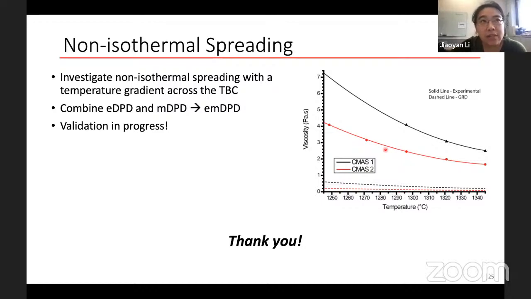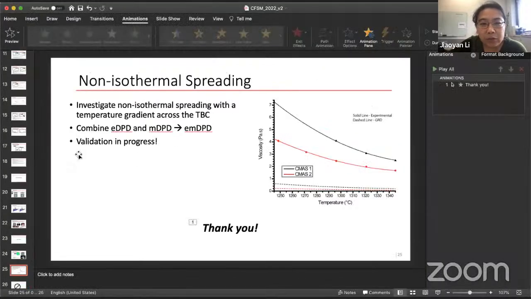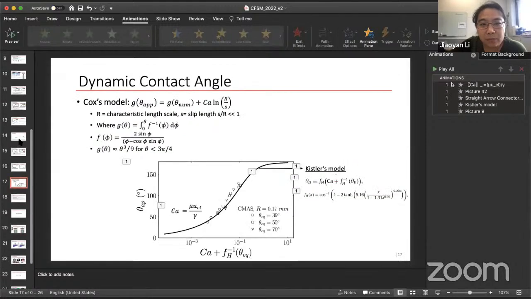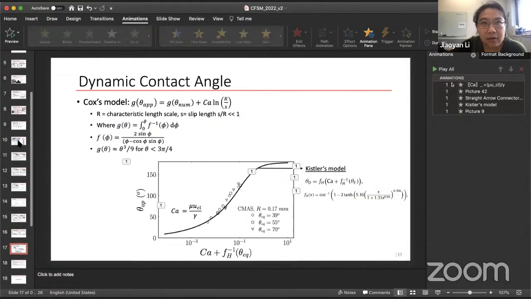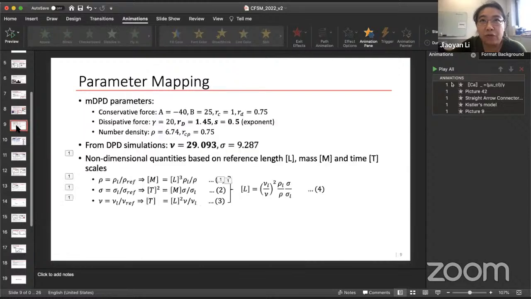First of all is about your coarse screening for the CMAS that you called the new material. CMAS, yes. So when you do the coarse screening, I'm wondering, for example, for one of your current simulations, what is the diameter of your droplet?